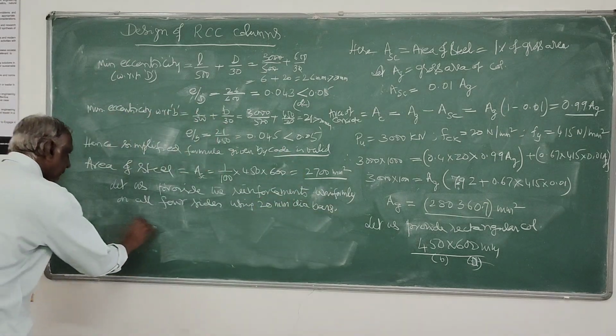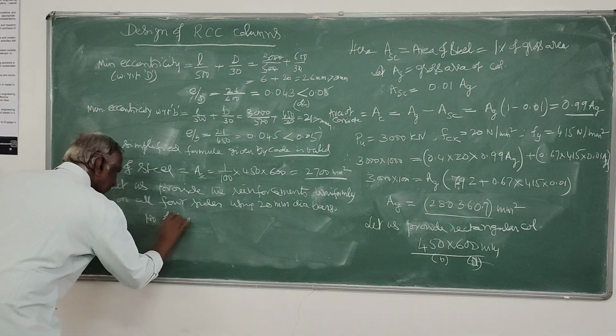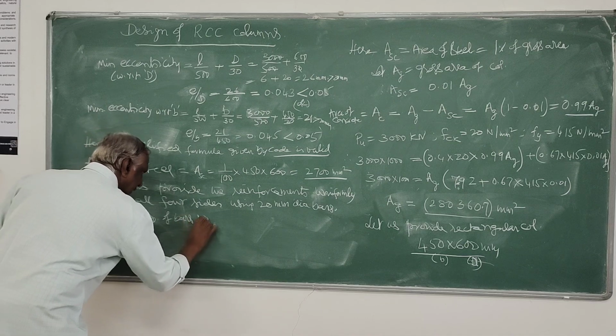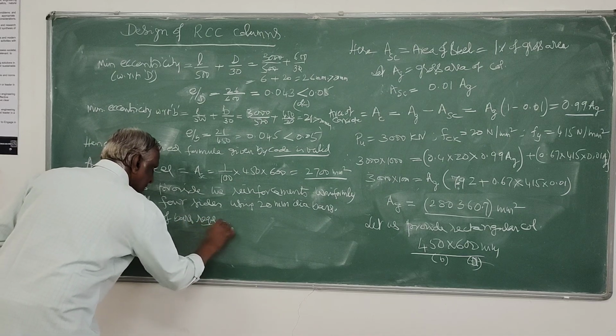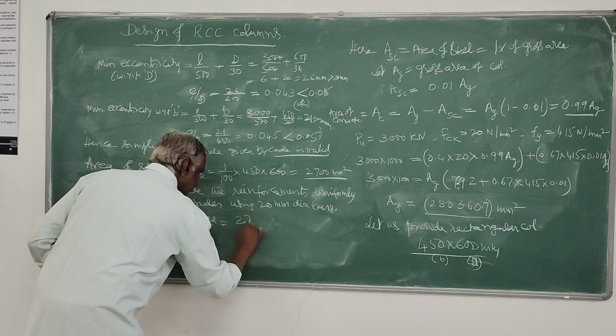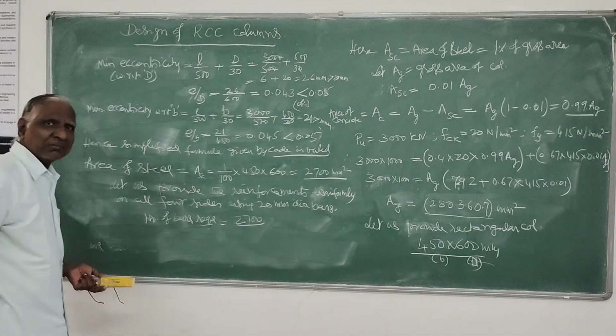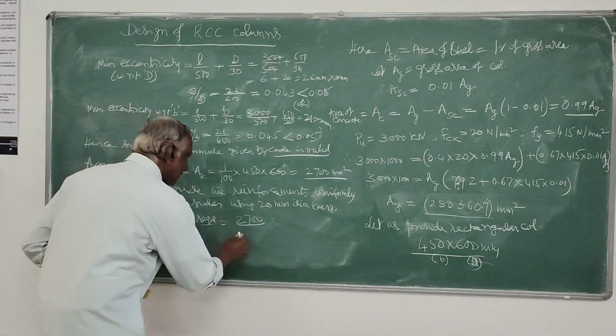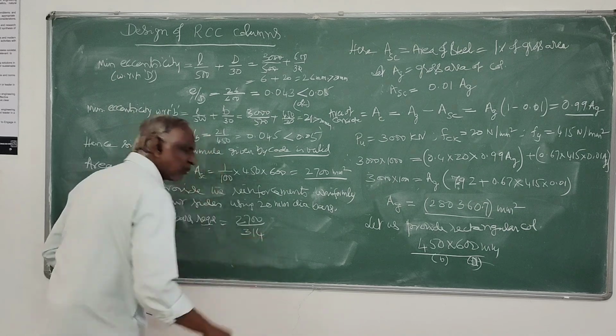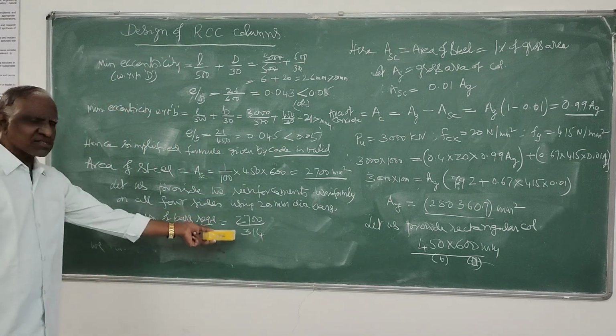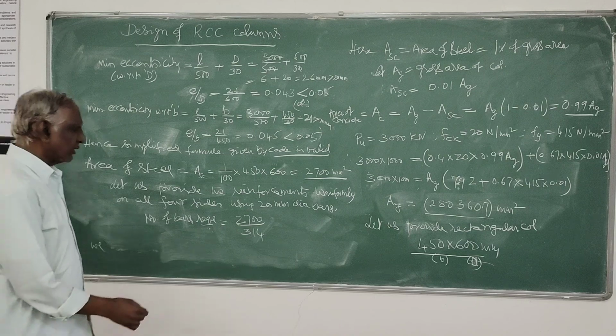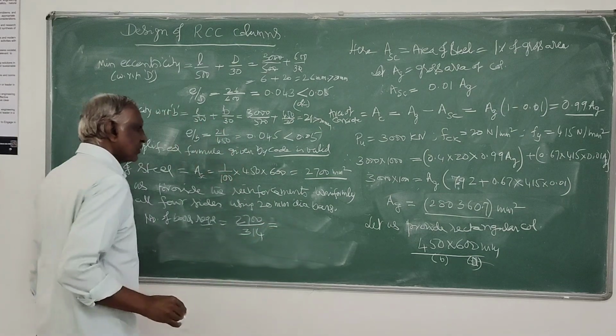Right? So number of bars required is equal to the area. I told you 20 mm dia bar, area is 314. So 2,700 divided by 314 comes to 8.59.